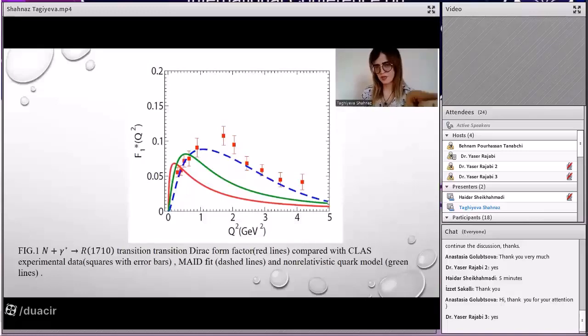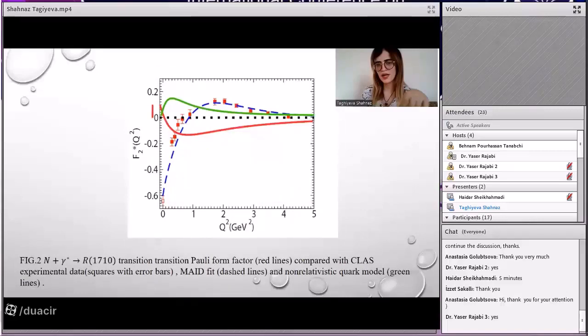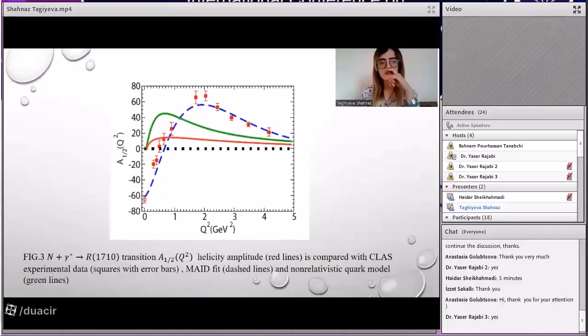Especially, I want to emphasize the experimental data for the Dirac and Pauli form factors. But we see the helicity amplitudes for this transition are given in figures 3 and 4, and the graphs of these amplitudes are close to the experimental data at some points.